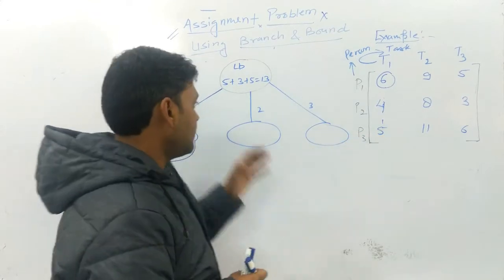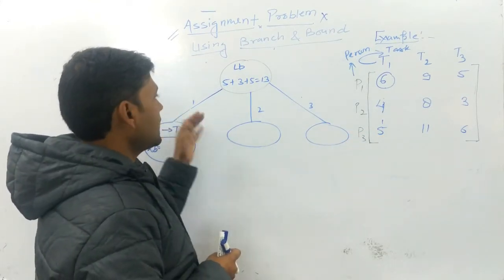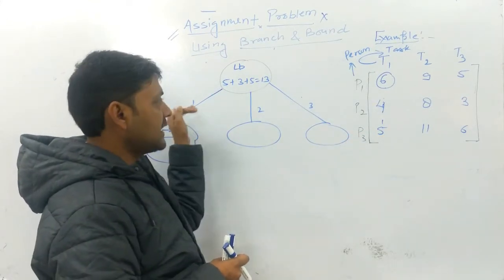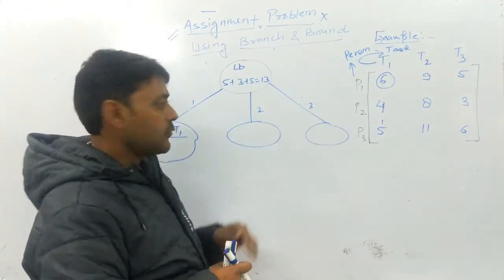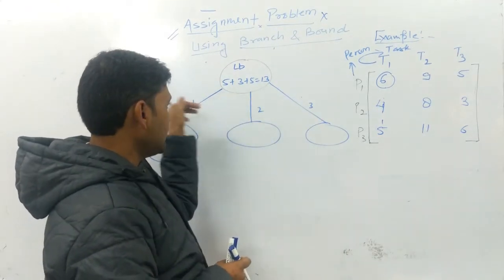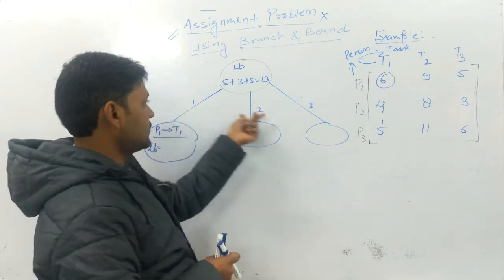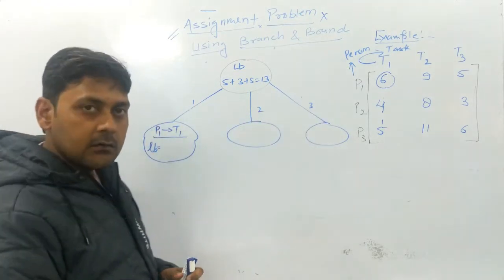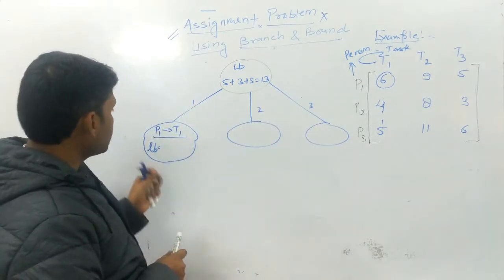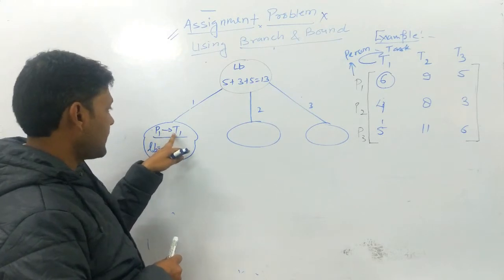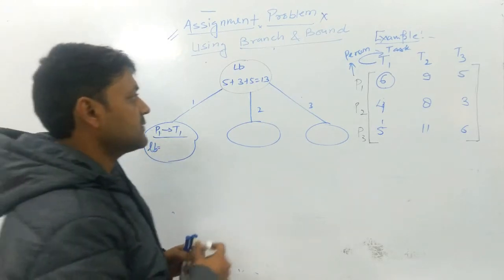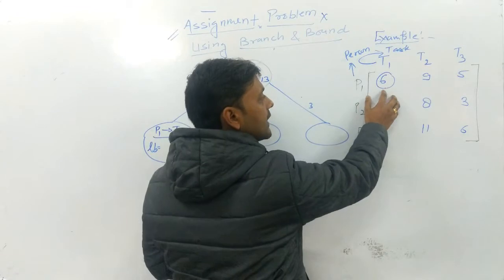So let me start. Here we have to perform 3 tasks in parallel, so this node is a 3-branch node: 1, 2 and 3. How do we solve it? We start with P1 performing T1.